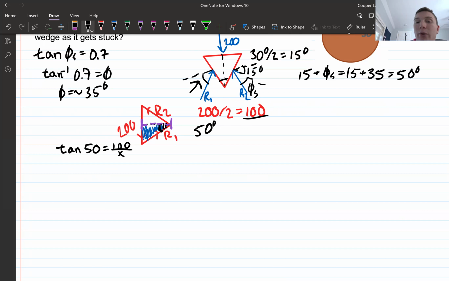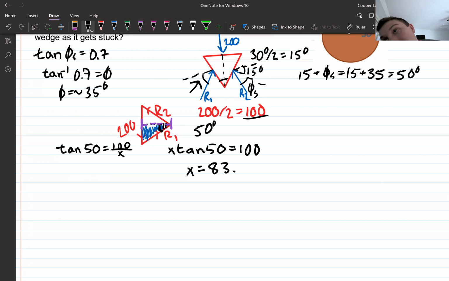So now I'm going to rewrite this. I'm going to multiply x to the other side. So now it's x tan 50 equals 100. I'm going to divide both sides by tangent of 50. And when I do that, I'll get x equals 83.9 newtons. And that would be the force when the wedge gets stuck and the wood now is applying forces horizontally.